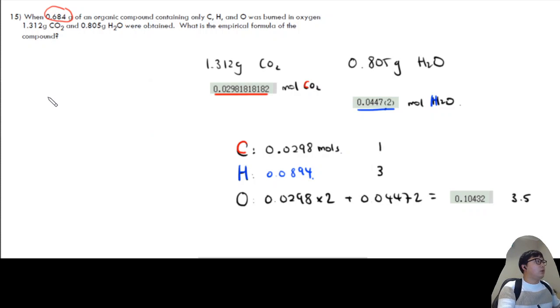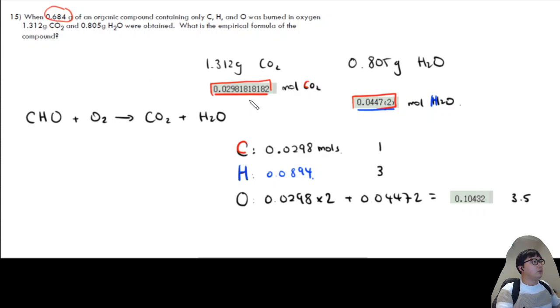Now the equation was carbon, hydrogen, oxygen with some oxygen, burned to give carbon dioxide and water. Because the ratio of this and this is 1 to 1.5, which we worked out yesterday, the ratio is 2 to 3, so you can just double that.